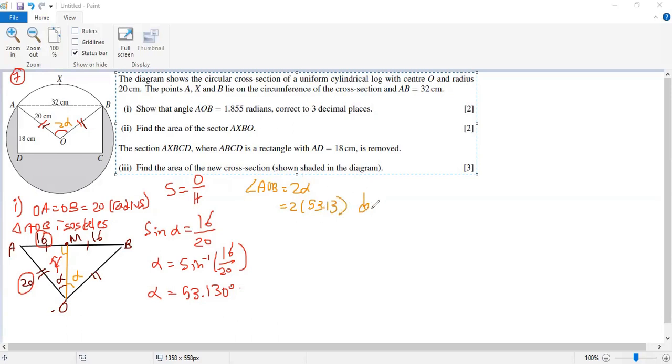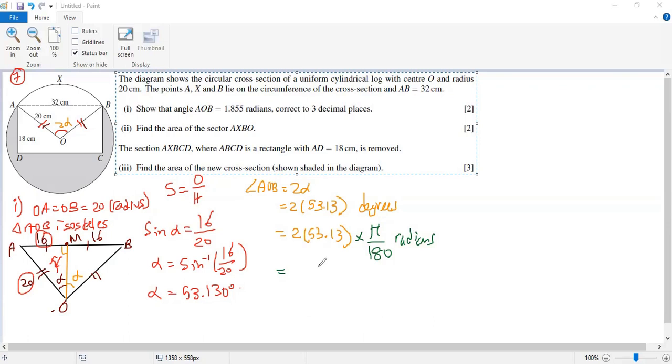On the next line, I'm going to do it in one go, so you can just multiply by a factor of pi over 180 to convert it to radians, because pi radians is 180 degrees. When we key all of this in the calculator, we should arrive at the answer.